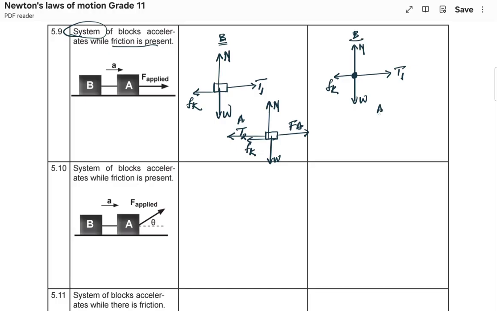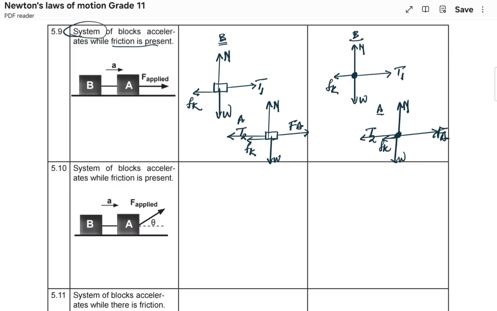For A, the free body diagram: so it's a normal, there's a force applied, there's a weight, there's a tension there, T2, there's a kinetic frictional force.